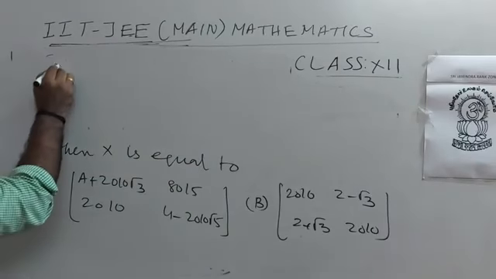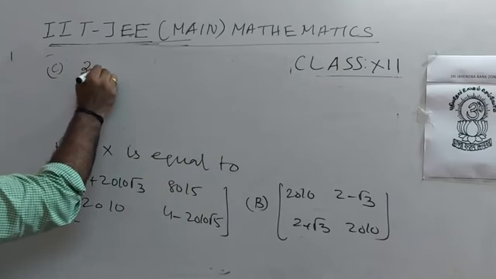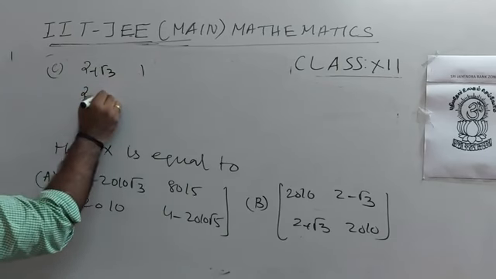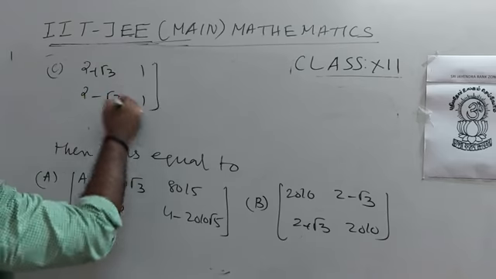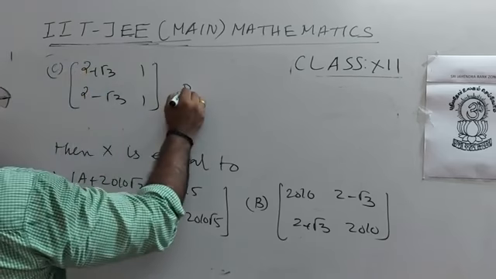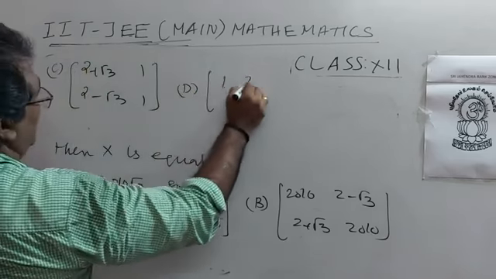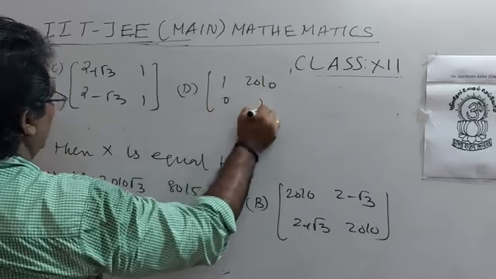Option C: [2 plus root 3, 1; 2 minus root 3, 1]. Option D: [1 2010; 0 1].